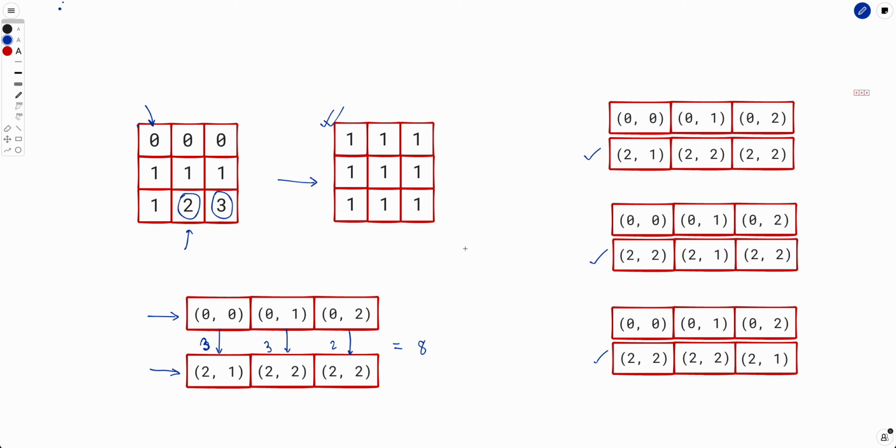Now what will be the time complexity? The time complexity would be, notice we are arranging the donor side in all possible configurations. So let's say there are a total of d cells from which we will be giving the stones to the cells which are deficit of stones.